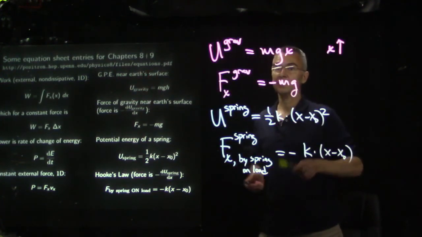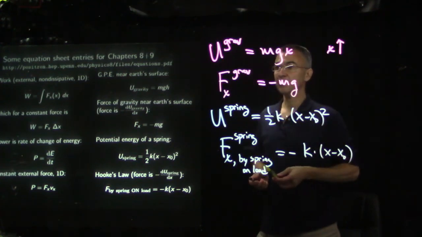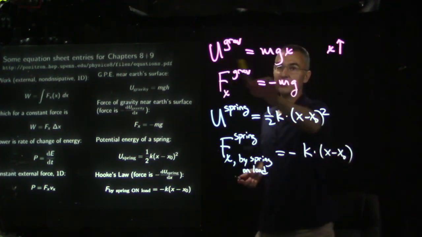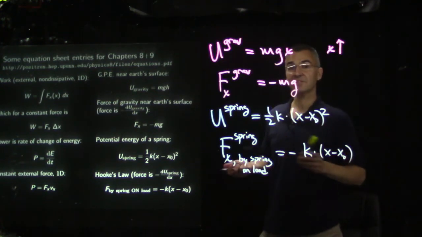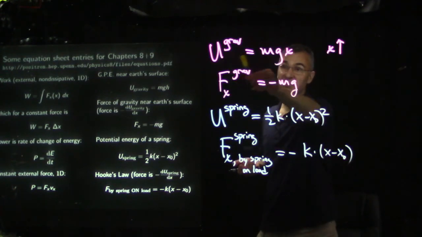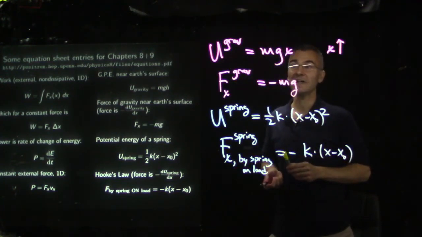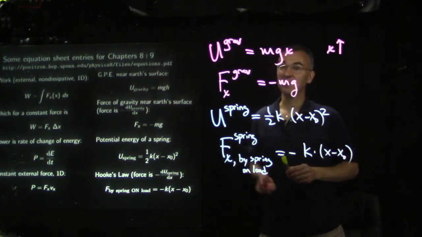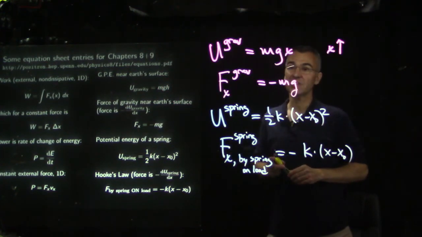Then on this side, gravitational potential energy. So if we define the x-axis to point up, then gravitational potential energy is mgx. Next chapter we'll define the y-axis to point up, so gravitational potential energy will be mgy, or sometimes I like to write mgh, where h is height.